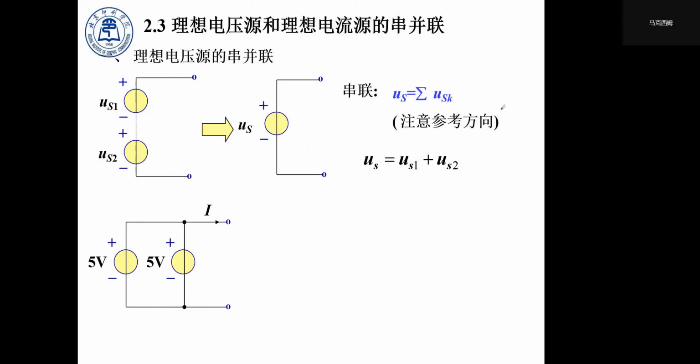But if you have several identical independent voltage sources, or ideal voltage sources, and just put them together in a parallel way, we can replace them with one single ideal voltage source with the same amount of voltage.